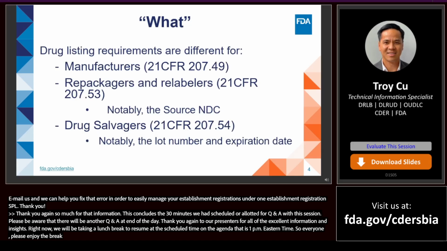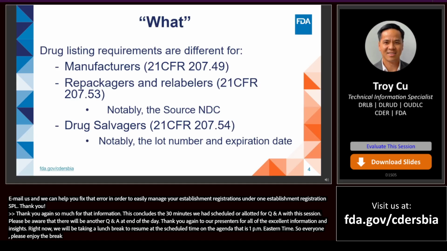So what listing information must the registrant submit? For the manufacturer, each registrant must provide listing information for each drug it manufactures for commercial distribution under 21 CFR 207.49. Repackagers, per 21 CFR 207.53, must provide the NDC assigned to each finished drug received by the registrant for repack or relabeling, with the exemption of medical gases.